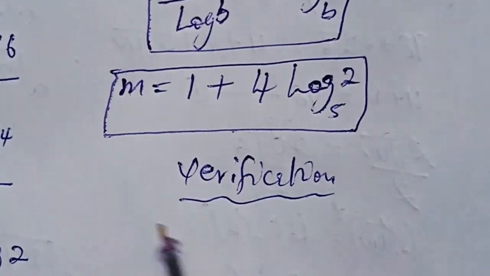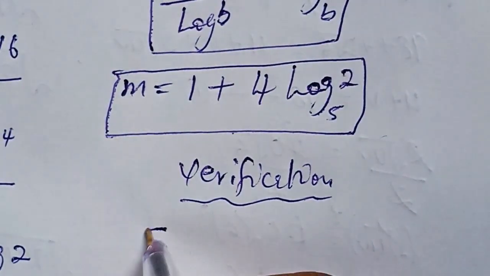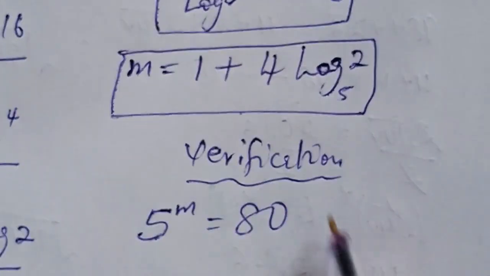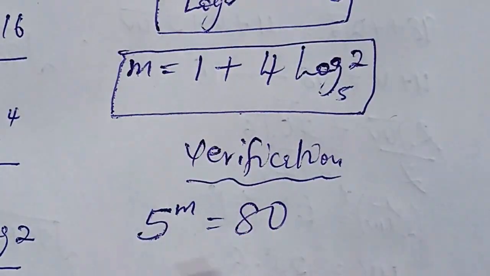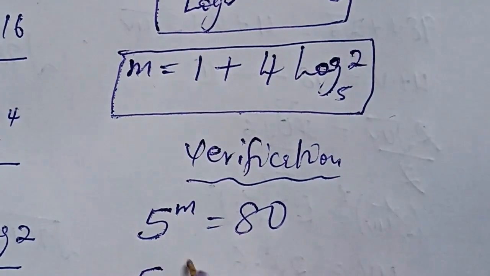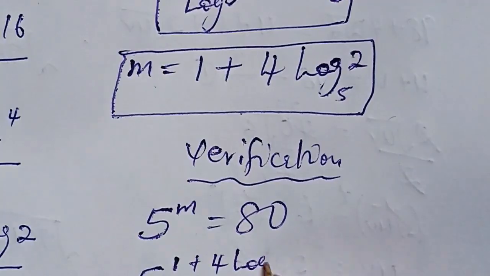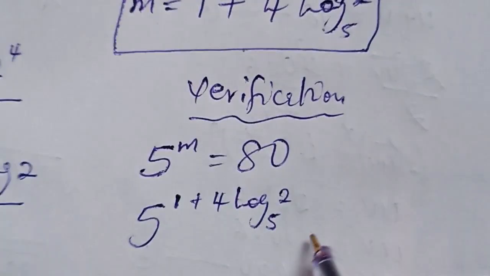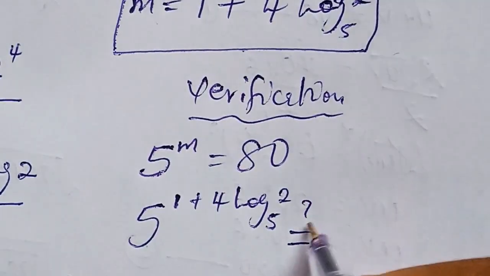To verify, from our expression, which is 5 to the power of m equal to 80, inserting our value of m, we have 5 to the power of 1 plus 4 log 2 base of 5. Will that be equal to 80?